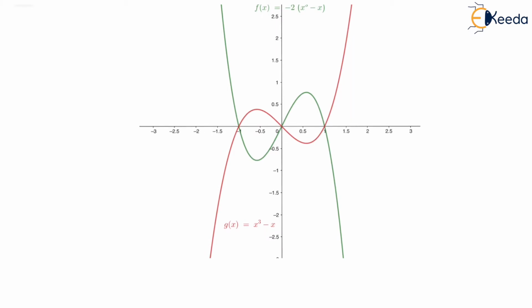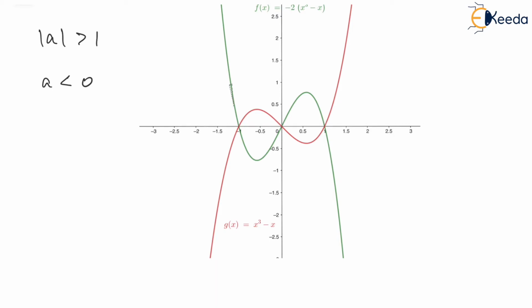Now, in this case, if we see the initial graph, which was g of x equal to x cube minus x, we have changed it to minus 2 times x cube minus x. So if we notice, we still have the mod value greater than 1, but the a value is less than 0 in this case. So in that case, we will face a reflection of the graph about the x-axis.